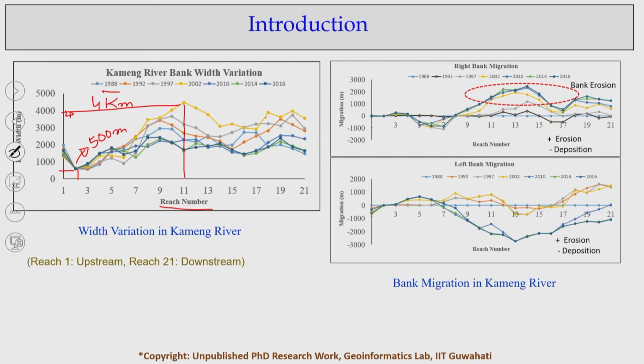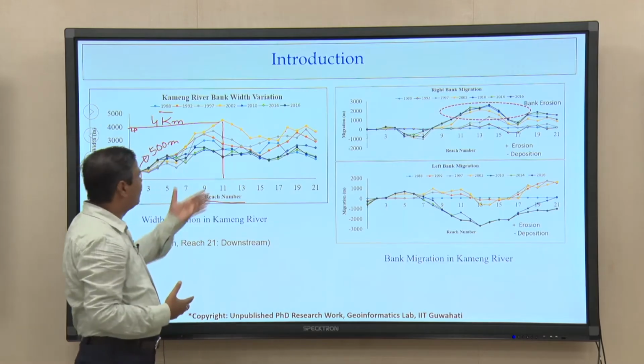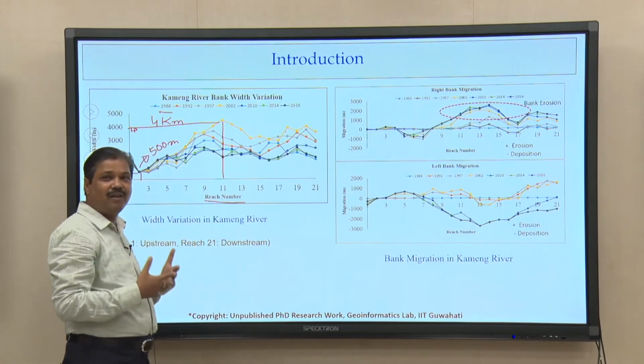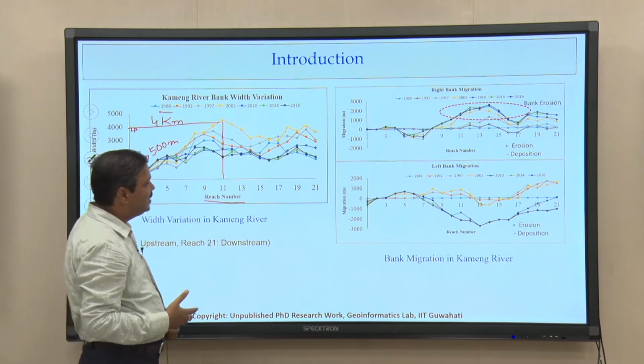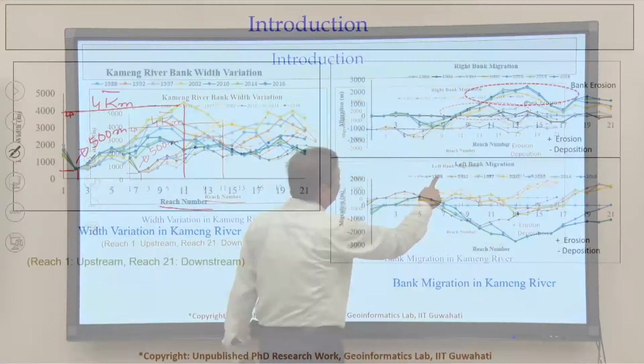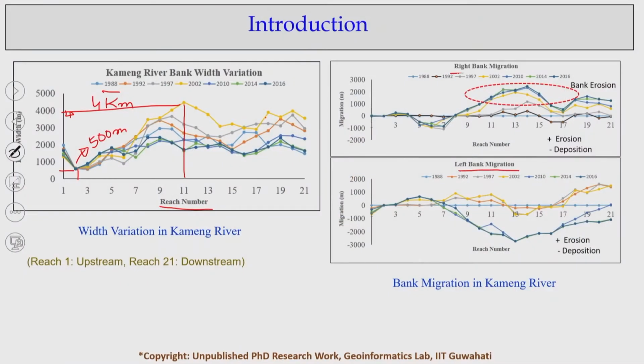Just try to understand how dynamic the river is in terms of its manifestations and planform variability. If I look at the left bank and the right bank, the figures are quite interesting and show the erosion and the deposition.